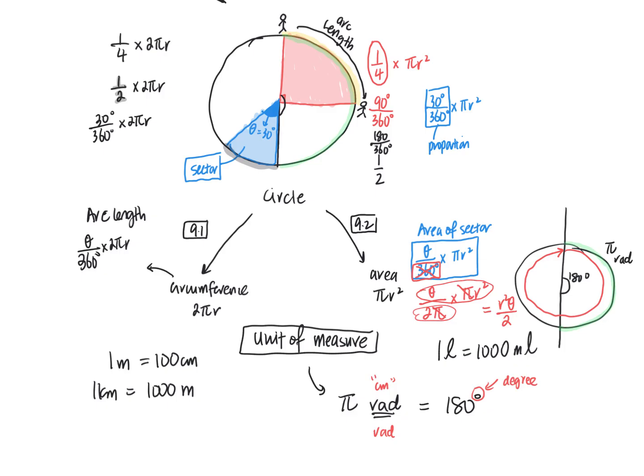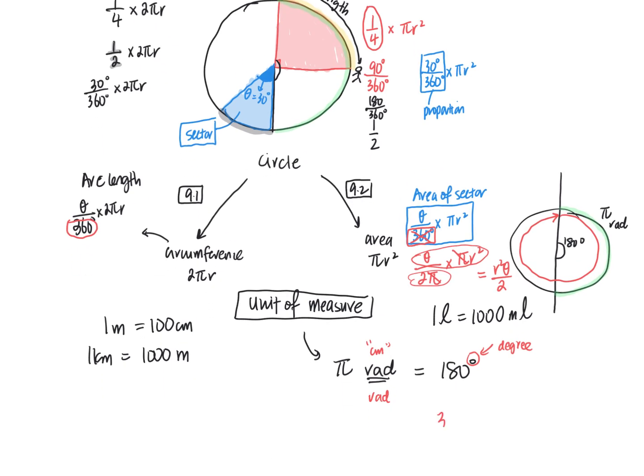Same thing here, because 180 is pi, 360 is 2 pi. So this one, if I change it to 2 pi, the formula just changes to r theta. So this is 9.3, this is 9.4. The whole chapter just talks about all this.